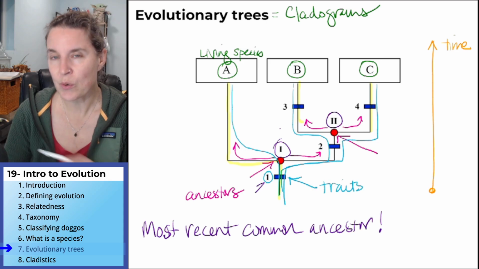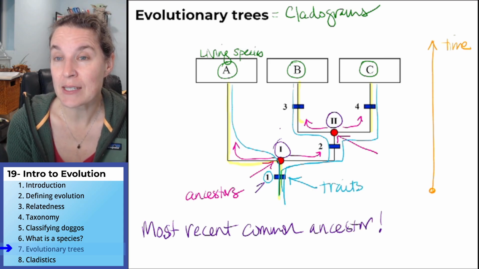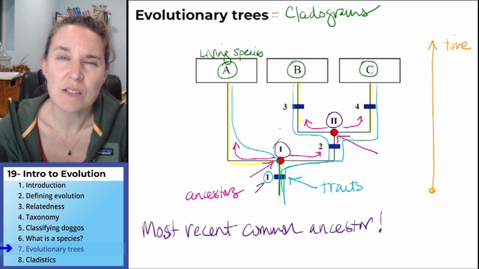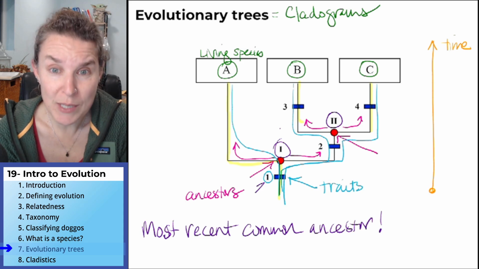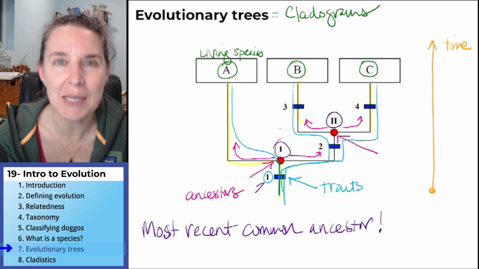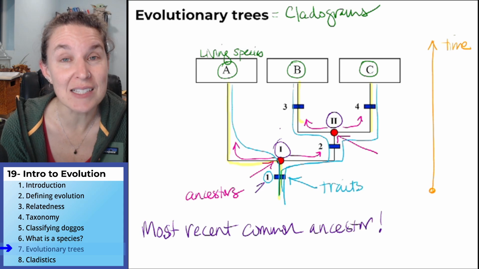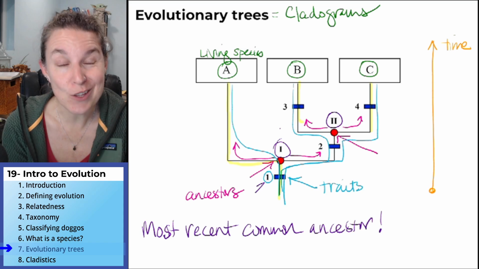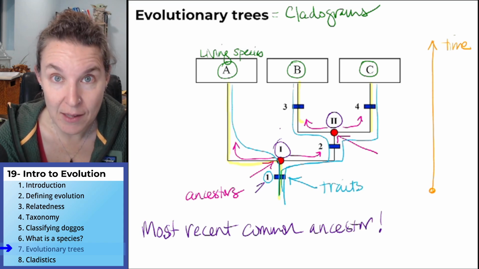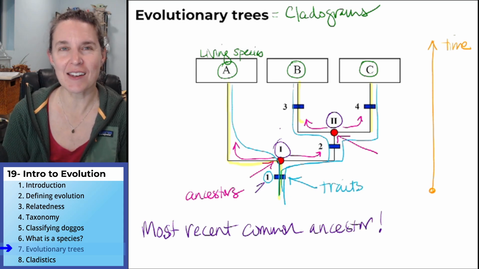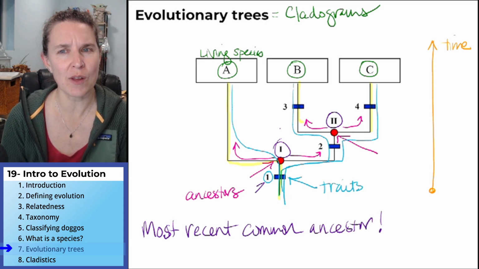Ancestor 2 is the most recent common ancestor for B and C. Ancestor 2 is more recent than ancestor 1. Do you agree with that? And here's the amazing thing. That means that B and C are more closely related to each other than either of them are to A.